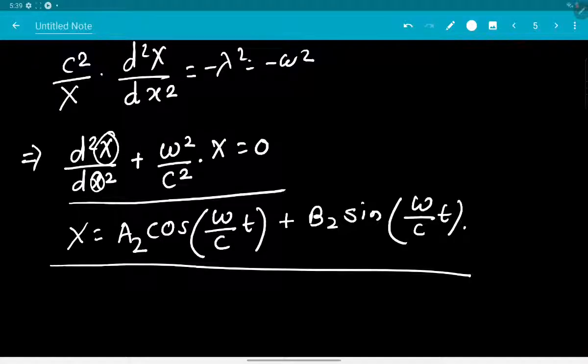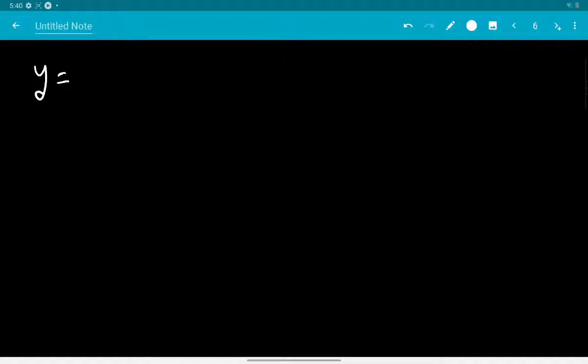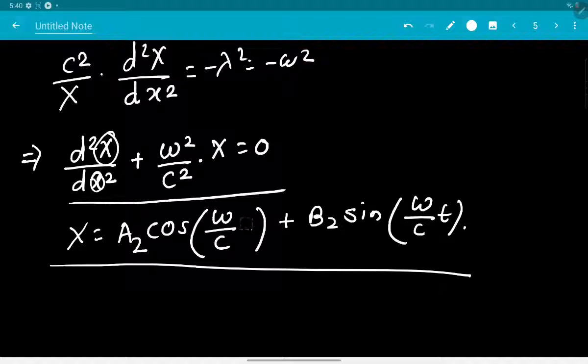Expression of y is equal to the multiplication of this capital X and this T, which is equal to A2 cosine of omega by c X. Have I written it appropriately? Yeah, I have made a mistake over here.